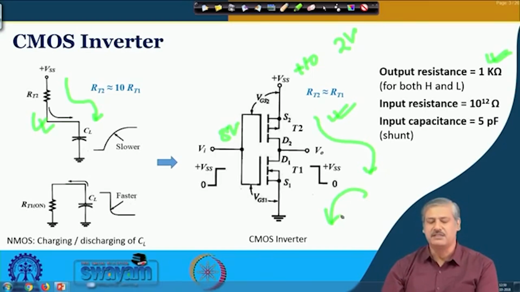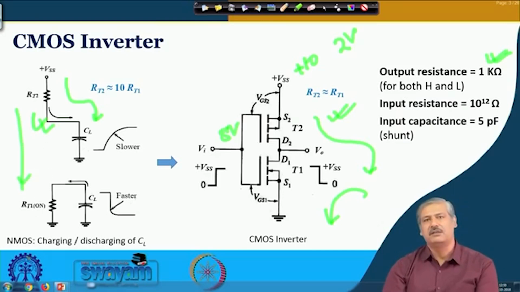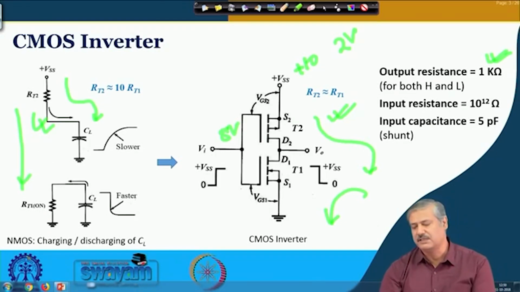During the static condition, unlike in the earlier case when it was on and a current was flowing, that situation does not arise here. The input resistance of such a CMOS is very high, of the order of 10 to the power of tera ohm, and the capacitance is of the order of 5 picofarad. This capacitance comes in the form of a shunt.